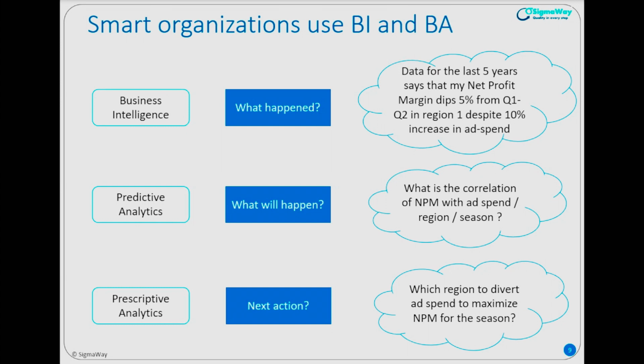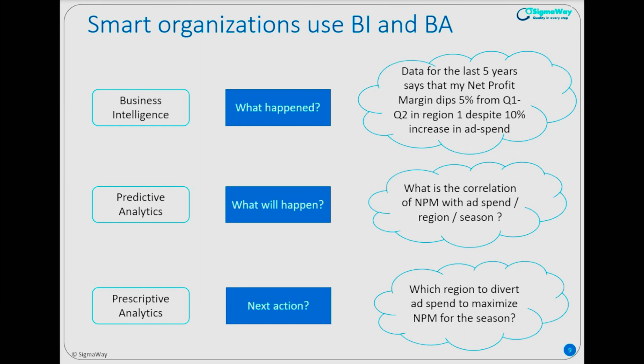Let us give you some examples of how smart organizations use BI and BA. Business intelligence tries to answer what happened. For example, data for the last 5 years says that net profit margins have dipped 5% from quarter 1 to quarter 2 in region 1 despite a 10% increase in advertisement expenditure. Predictive analysis tries to explain what will likely happen.